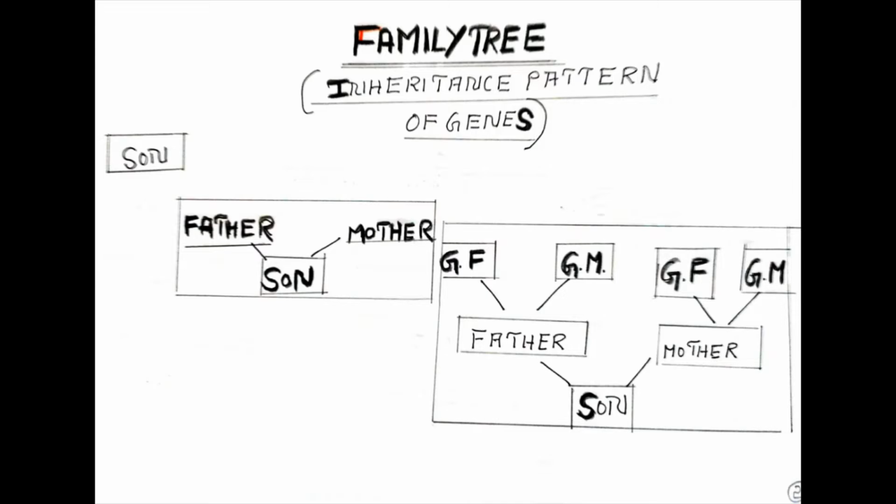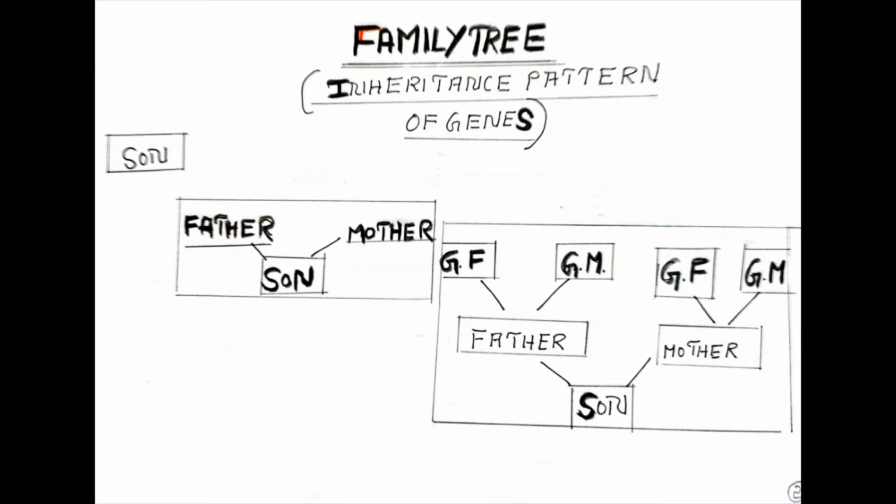Pedigree analysis is nothing but a family tree, that is, the inheritance pattern of genes. To understand the inheritance pattern of genes, just look at the first box, son. The characters are the genes inherited from father and mother, right?